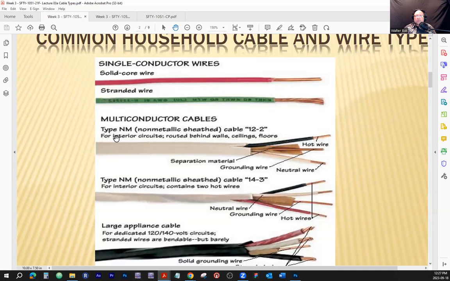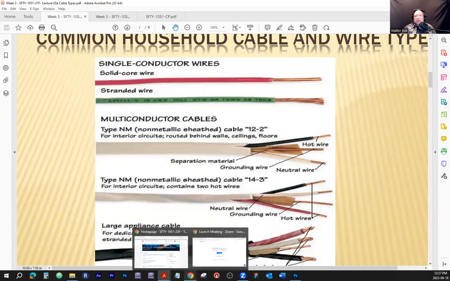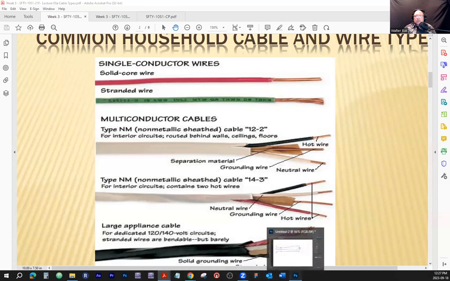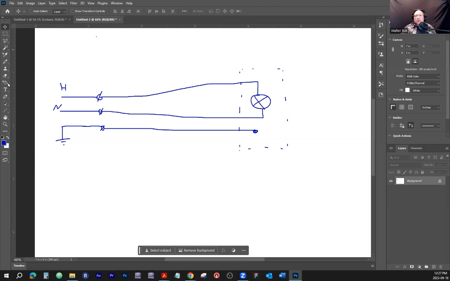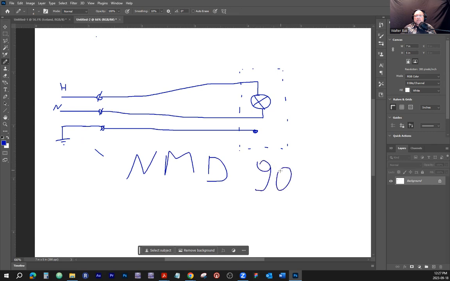Now, multi-conductor cables. For the most part, the cable that we're going to use is called NMD90.